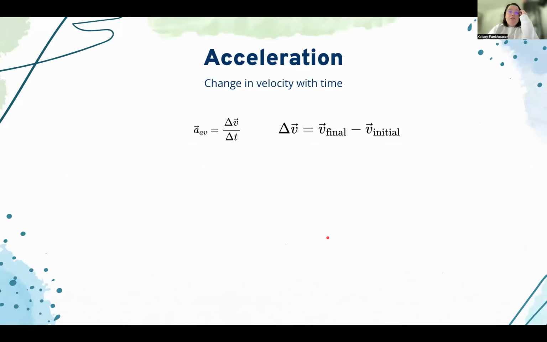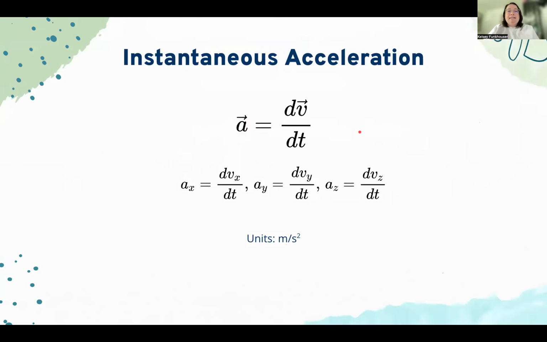Acceleration, which is the change in velocity with time. Average acceleration, just like average velocity, is the change in velocity over the change in time. The change in velocity is the final velocity minus the initial velocity. But again, this is average, not instantaneous. For instantaneous acceleration, you have to reduce the time interval and take the derivative of the velocity with respect to time. So that's what we have here.